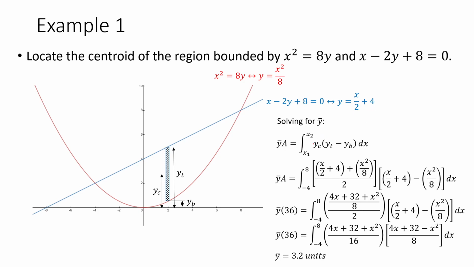So again, the y sub c component here is the midpoint formula. So that's why it's y top. So again, this one is y top plus y bottom all over 2. And this translates into this term here. And then the y top minus y bottom is on the right side.